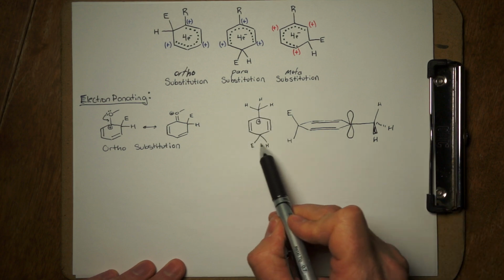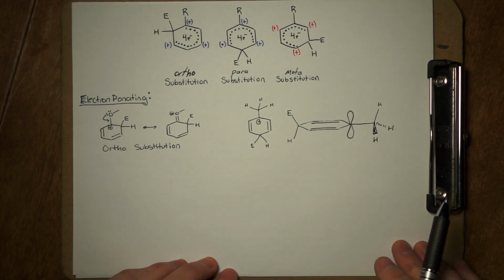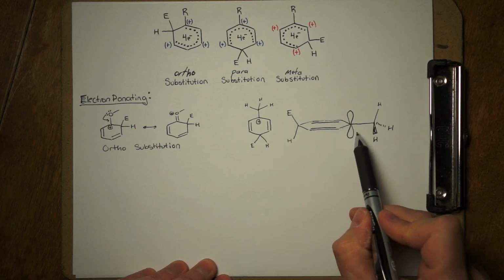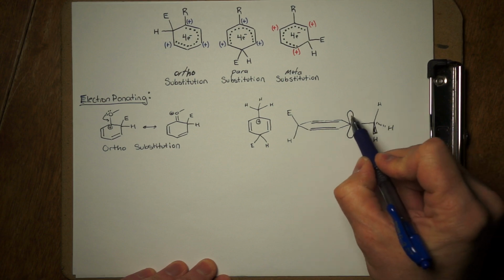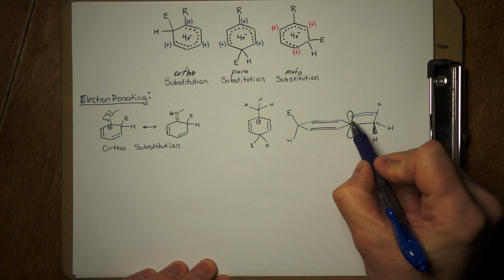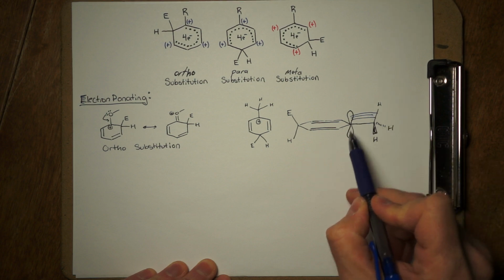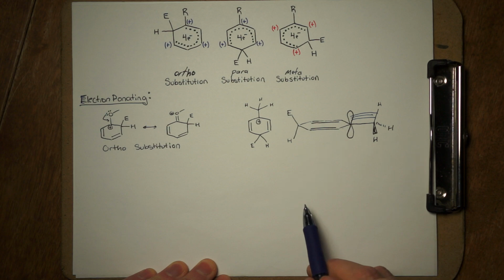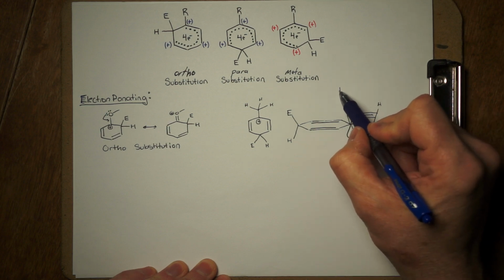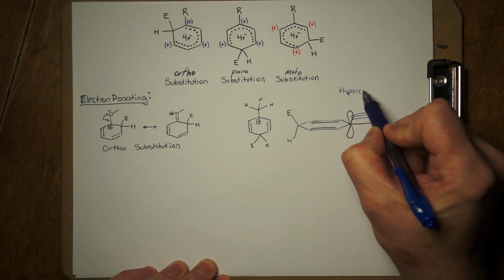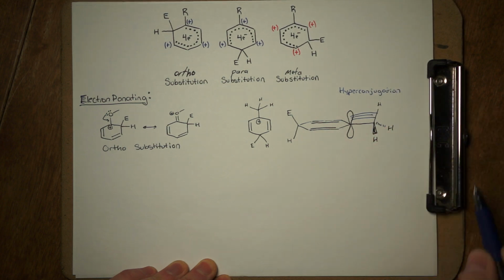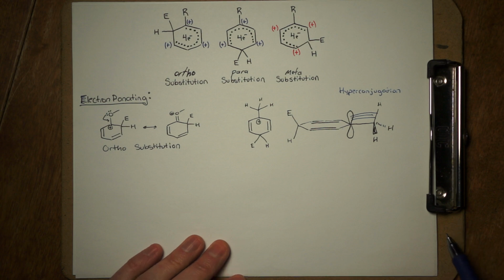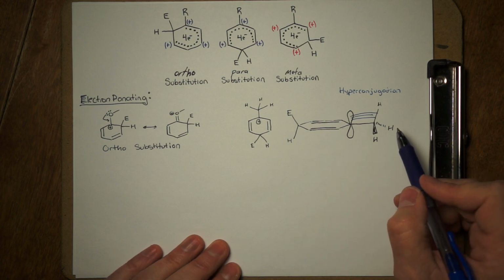Like I said, we're going to use this one resonance structure to best illustrate how the R group stabilizes that electron deficient pi system, right? And so in this case, the carbon-hydrogen sigma bond is going to be able to overlap with the empty orbital on this carbon, okay? And so this is called hyperconjugation. We've seen other examples of hyperconjugation in the first semester of the course and also in this course.